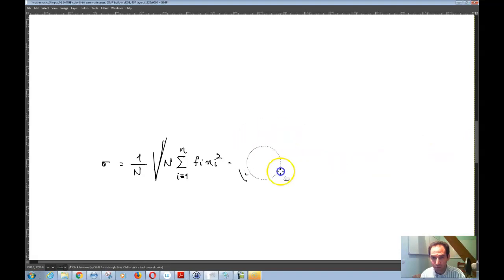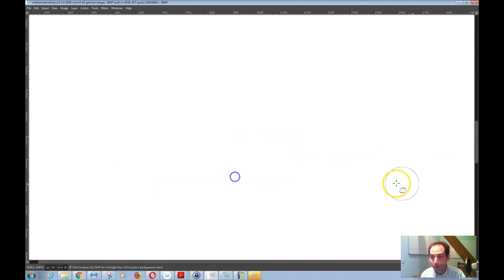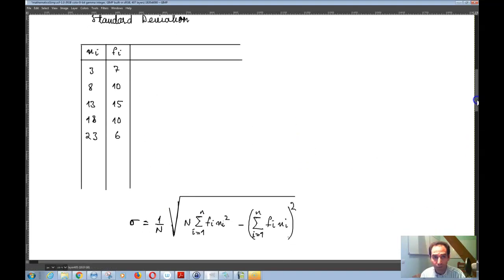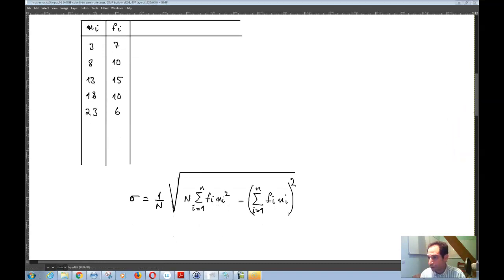So that's a good thing. It's enough to calculate f of i x of i squared, and then f of i x of i, and then you can put it in this formula and take care of the whole thing.